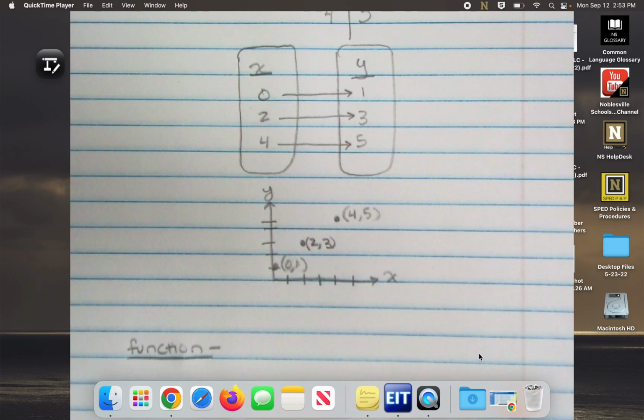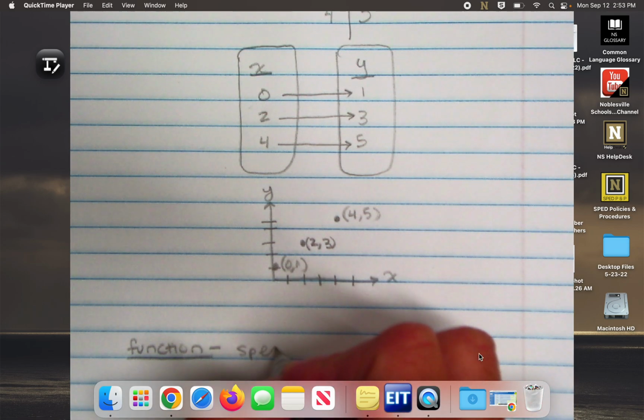Cooper? So when one input has the same output every time? Kind of. Every input has one output, right? You shouldn't be able to hit the number 2 on a vending machine and sometimes get water and sometimes get gum, right? If you hit number 2, you should always get chips, whatever it's supposed to be, okay? So it's a special type of relation.